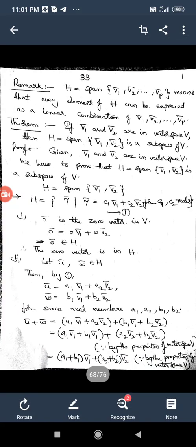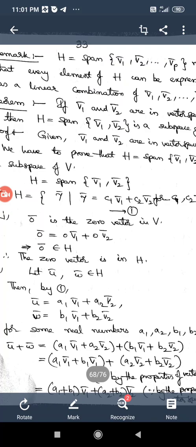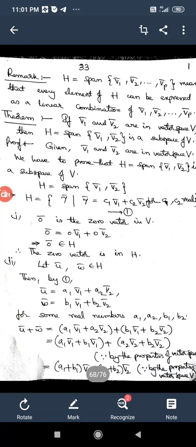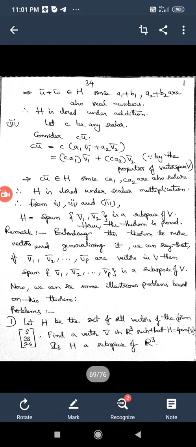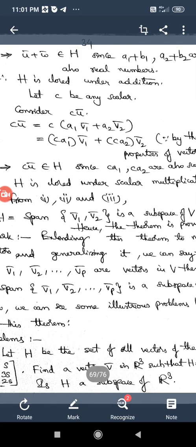So by verifying the conditions for a set to be a subspace, we have proved that H is equal to span of v1, v2 is a subspace of the vector space V.